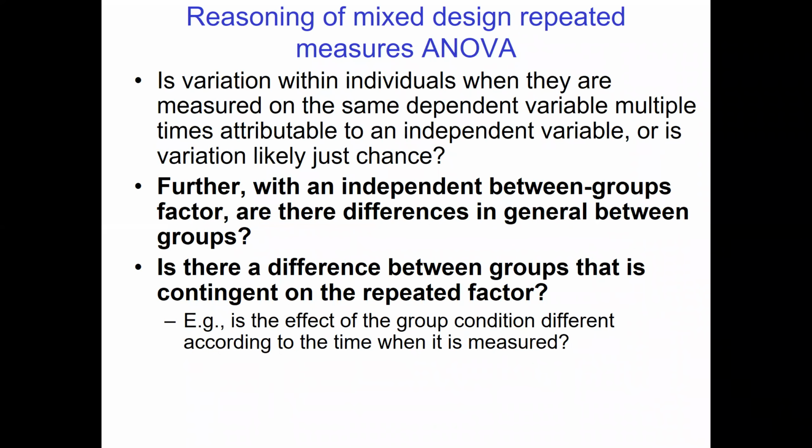So when you have what's called a mixed design, which is what's new here, then you have multiple questions that can be asked, just as you would have in a factorial ANOVA.